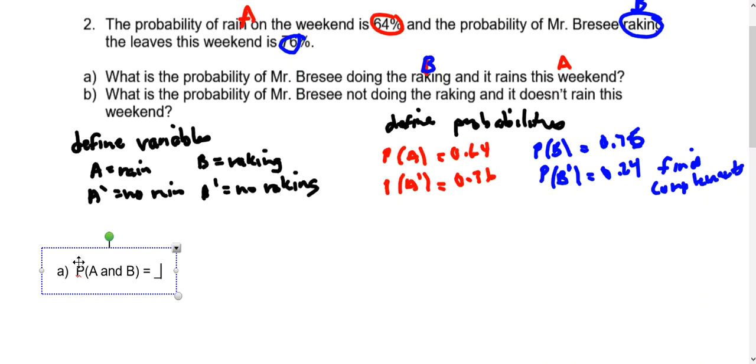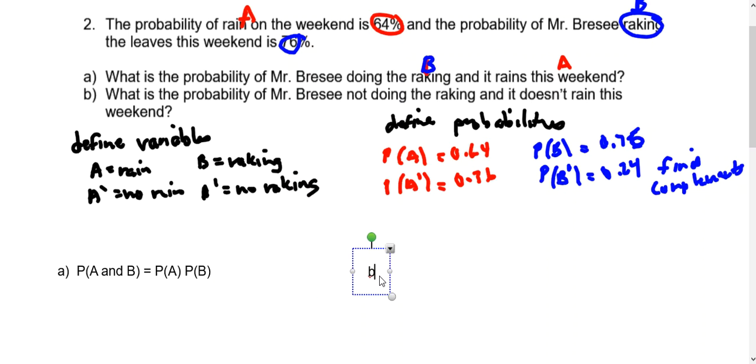So that's the probability of A times the probability of B. And part B, I can look at it and say, doesn't do the raking, so that's B prime, and it doesn't rain, that is A prime.